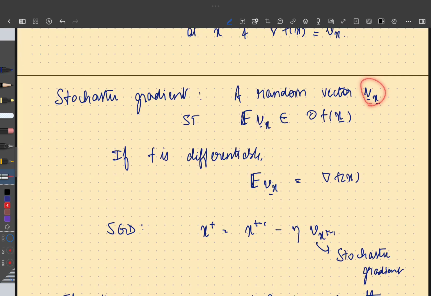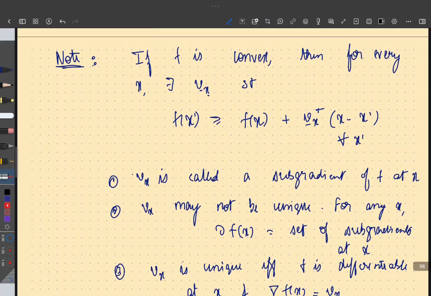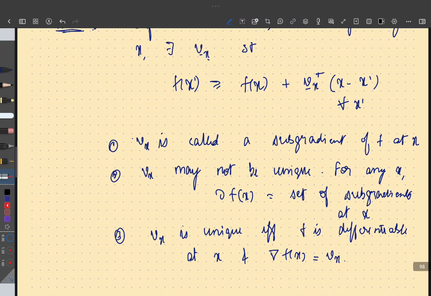So this is the random vector, right? That's the stochastic gradient at the point x. It is defined to be a stochastic gradient at the point x if the expectation of this particular vector is a subgradient at x. Remember that the subgradient is not unique, right? So this del f of x is the set of all possible subgradients at the point x.